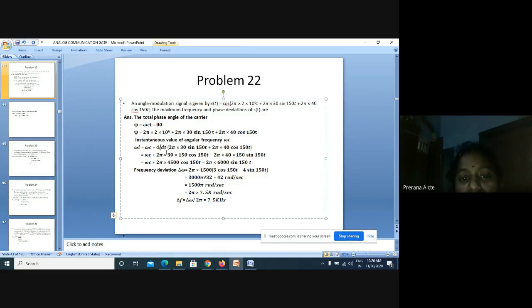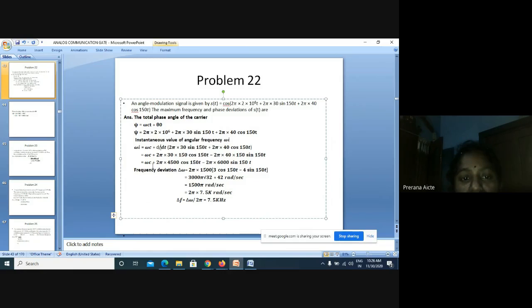Now when we find the differentiation, d by dt of this, we get omega c plus 2 pi into 30 into 150 into cos of 150t, minus, because the differentiation of cos is minus sine, 2 pi into 40 into 150 into sine of 150t.